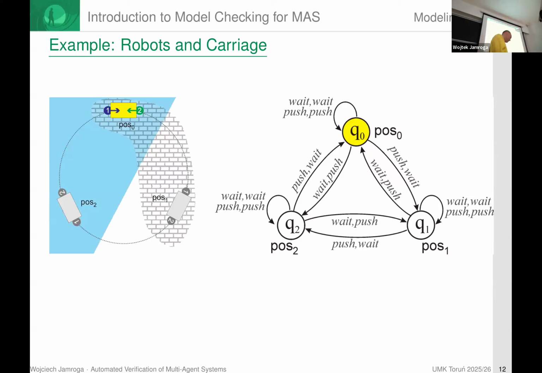So, yet another dimension or yet another layer of concern. We might want to reason about information and knowledge. So let's assume that the first robot has some kind of, let's say, a camera that allows it to distinguish the color of the surface.